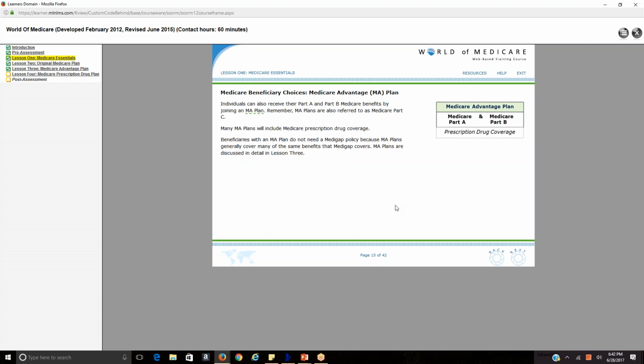It's one of the ways that the Medicare Advantage plans try to stay competitive. The beneficiaries who have Medicare Advantage plans, however, will not be eligible for any type of Medigap coverage or supplemental coverage. So if you choose Medicare Advantage, then you would not have a Medicare supplement of any kind.